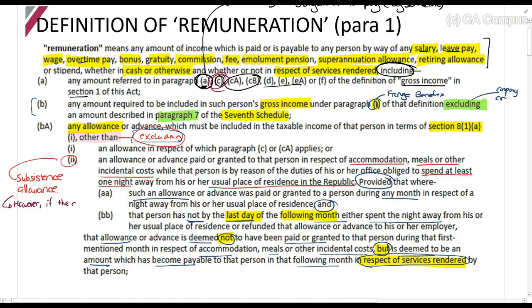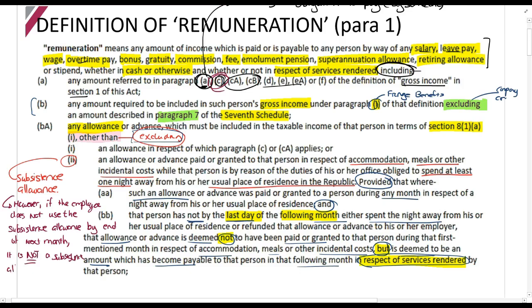So subsistence allowance, however, if the employee does not use the subsistence allowance by the end of the next month, it is not a subsistence allowance, but it is remuneration.